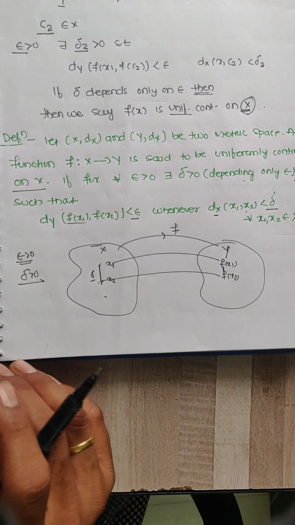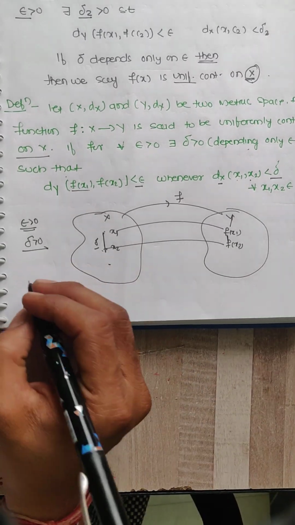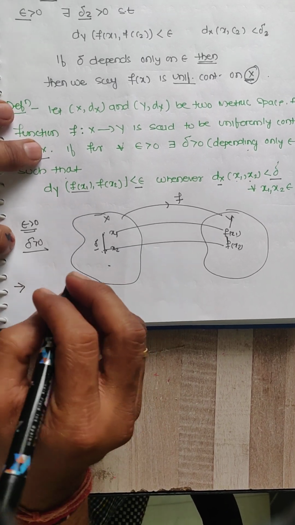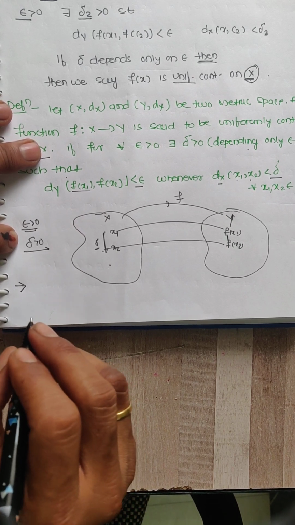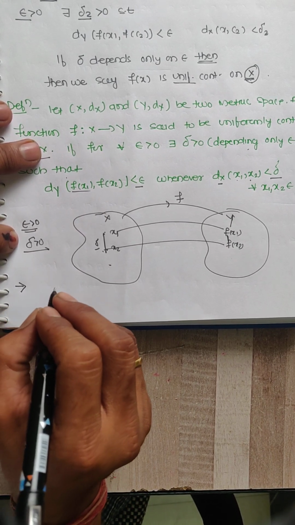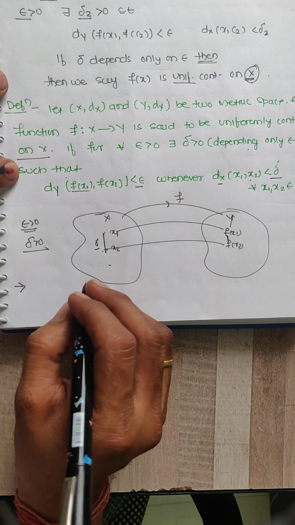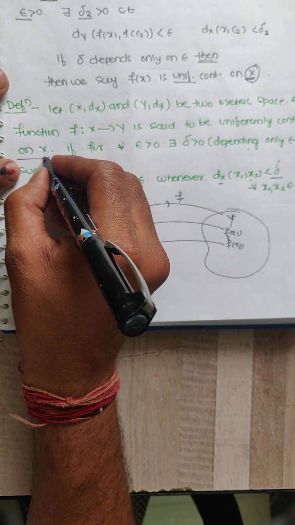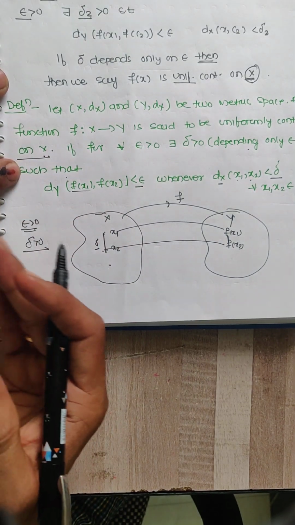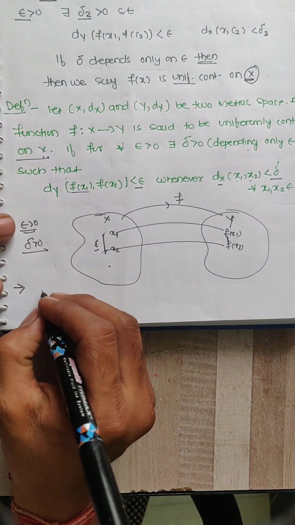Next, we know that uniform continuity is a global property, whereas continuity is a local property. Whenever a function is uniformly continuous on X, then it is automatically continuous on X. We can prove this easily.